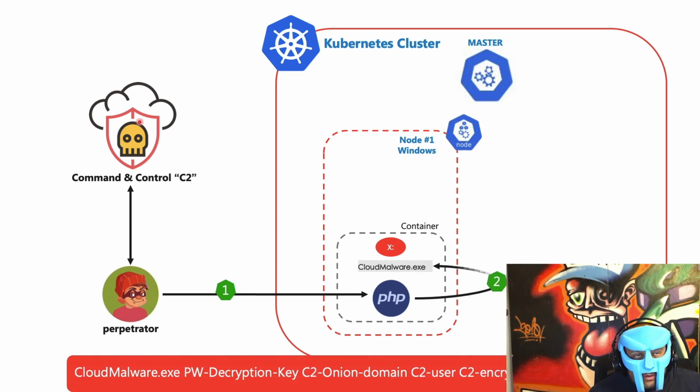He then drops his cloud-malware.exe application onto the system, and he runs a command. So he executes the Siloscape cloud-malware.exe with the necessary command and control server connection information provided as command line arguments. So they're not hard-coded inside the binary.